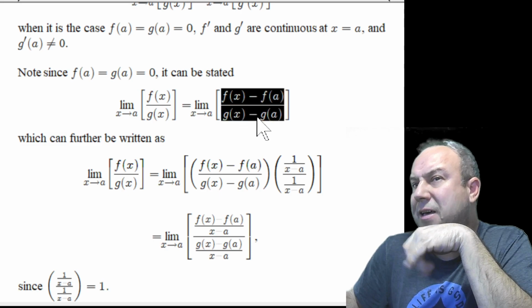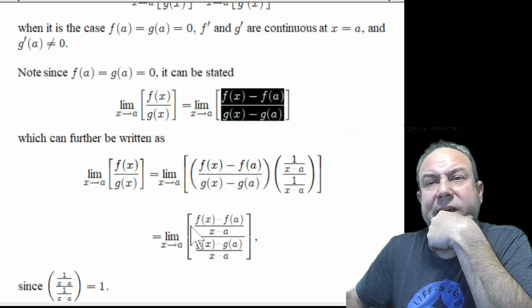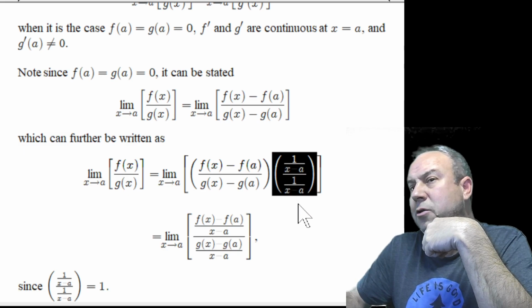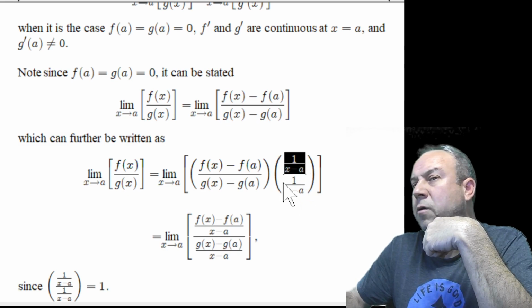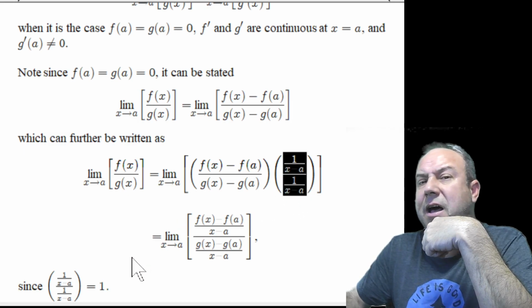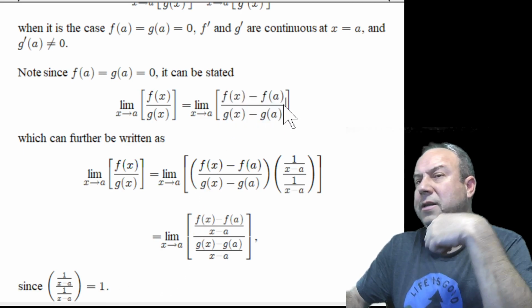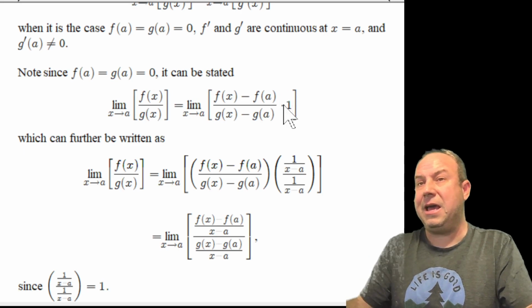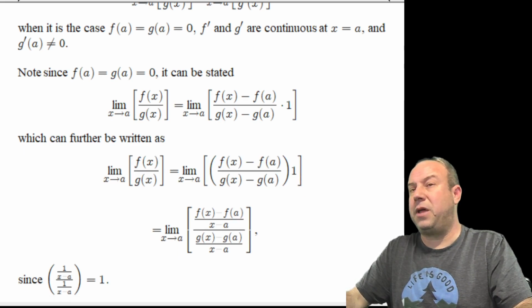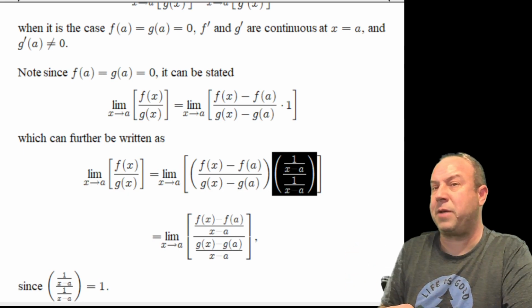we can then take this argument here and write it into this argument seen down here by multiplying both the numerator and denominator by the quantity 1 over x minus a. The quantity 1 over x minus a over itself is actually just equal to 1. So multiplying this quantity by 1, as we note, has no effect. So multiplying here by 1, we can do that using this format, 1 over x minus a divided by 1 over x minus a.